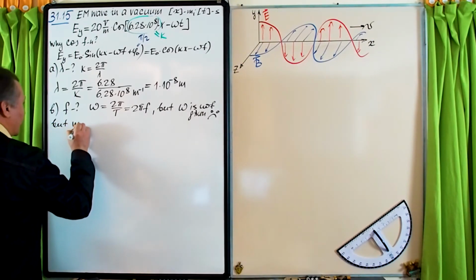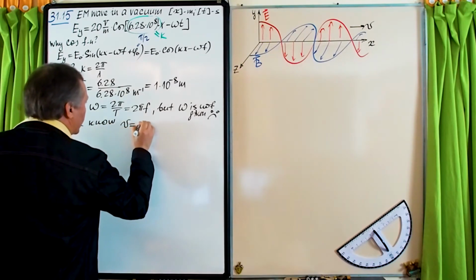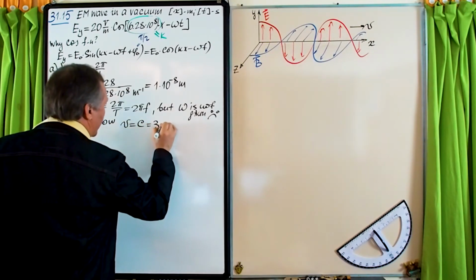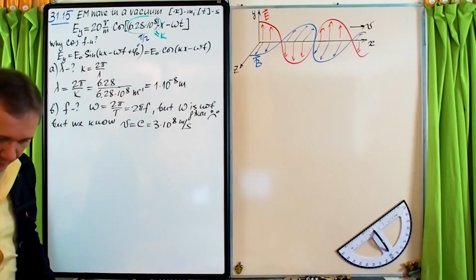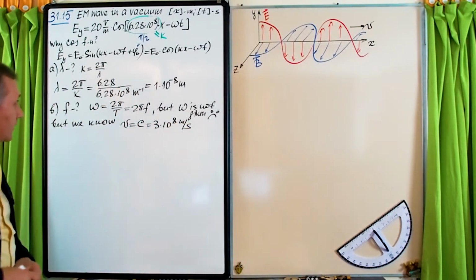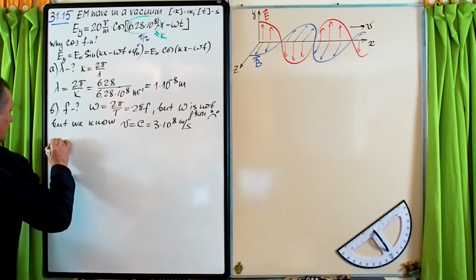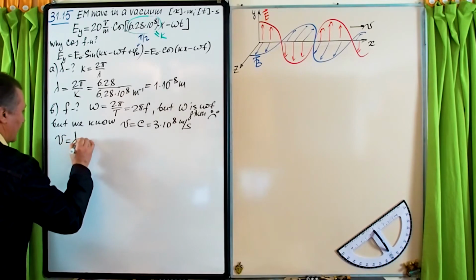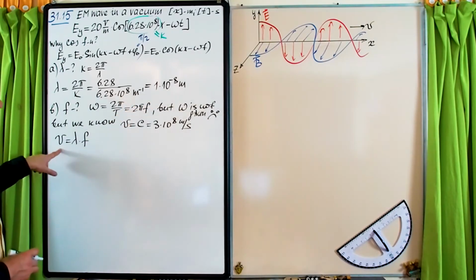But we know that v equals c, and of course that's 3 times 10 to the power of 8 meters per second. Now which formula is better to use? I think it's better to use v equals lambda times f, because we just found lambda. v is the speed of light, and so we can find f.